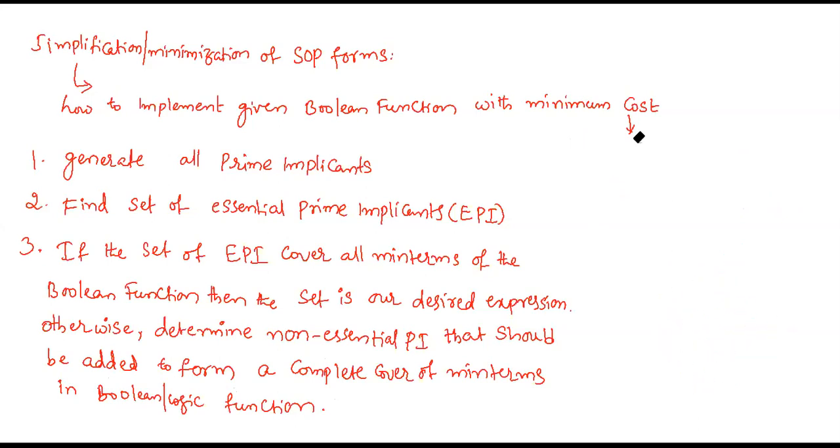And before going to the example, a note: if the final answer contains essential prime implicants, then it will be implemented with least cost.